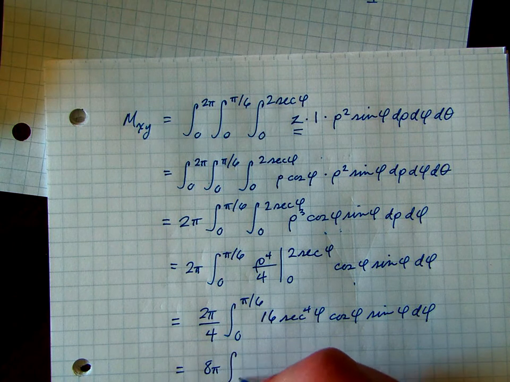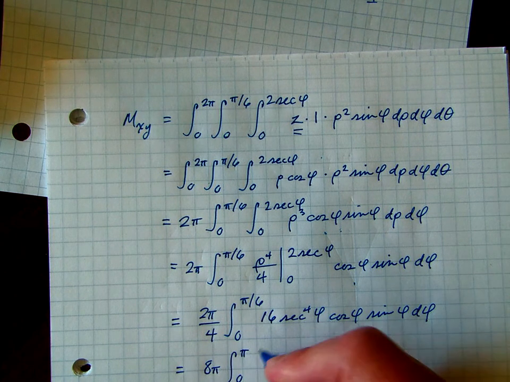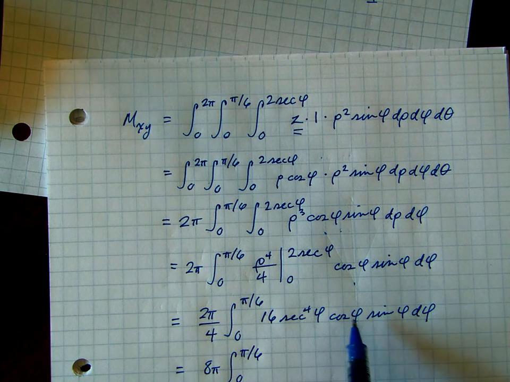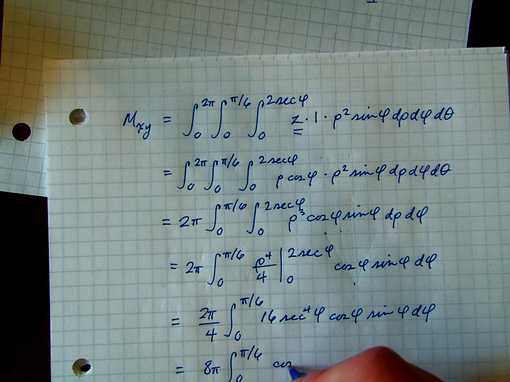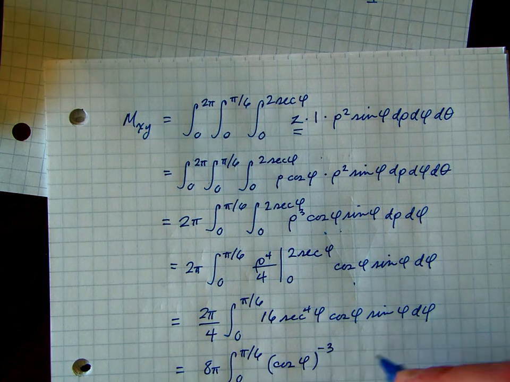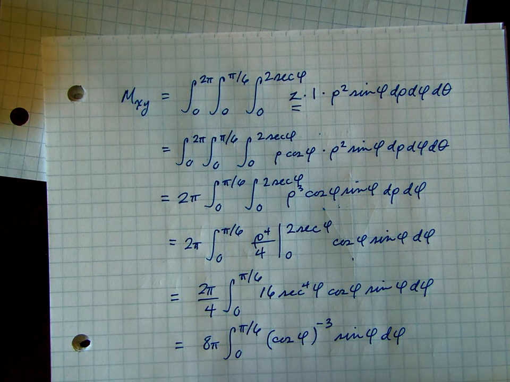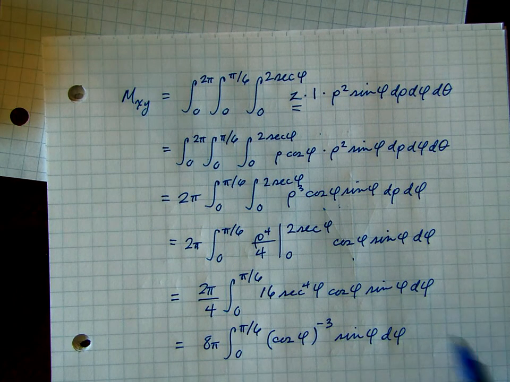And we know what secant is. Secant is the reciprocal of the cosine function. So cosine cancels one of the secants, and we end up with cosine to the minus 3 sine phi d phi. And here's something useful. The derivative of cosine is minus sine. So we're missing a minus 1.